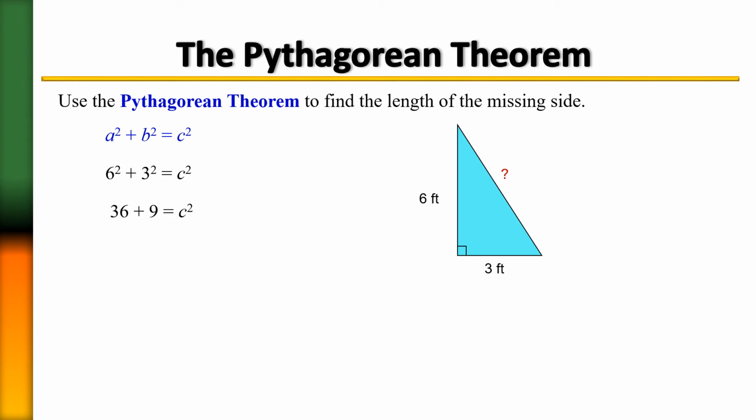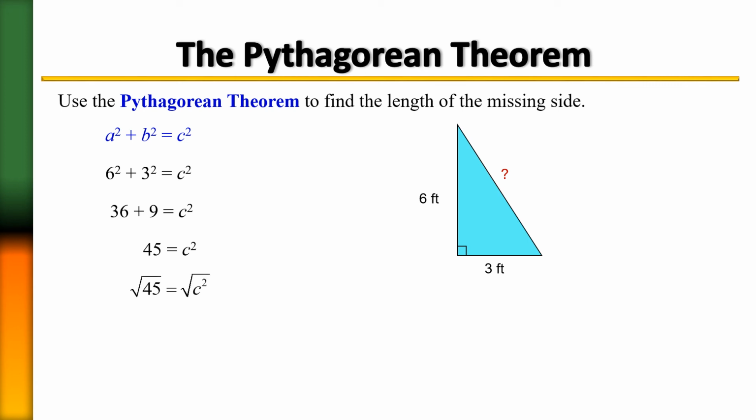Add those two numbers together on the left side. Last step to solving for C is to take the square root of both sides. Whatever you do to one side, you do to the other.